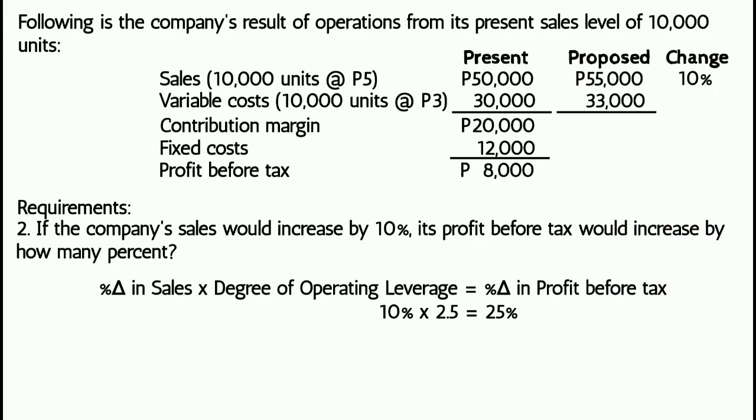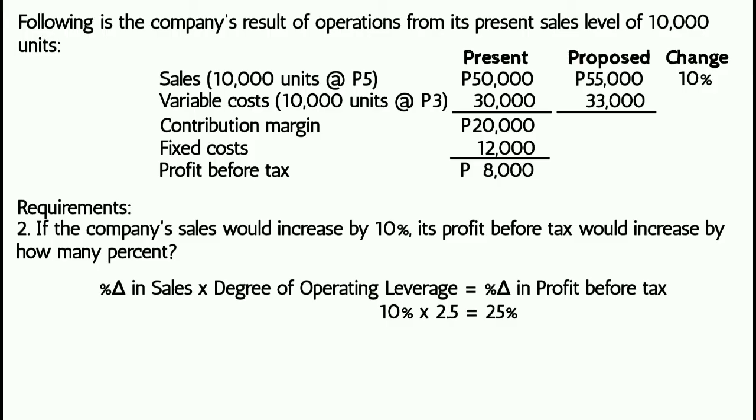That is 30,000 pesos times 110%. Or kung gusto ninyo, 30,000 pesos times 10%, that is 3,000 pesos plus 30,000 pesos. That is equal to 33,000 pesos.